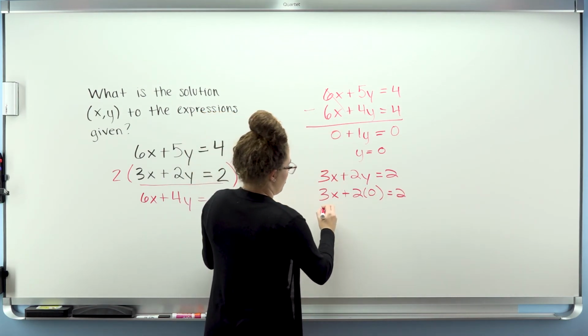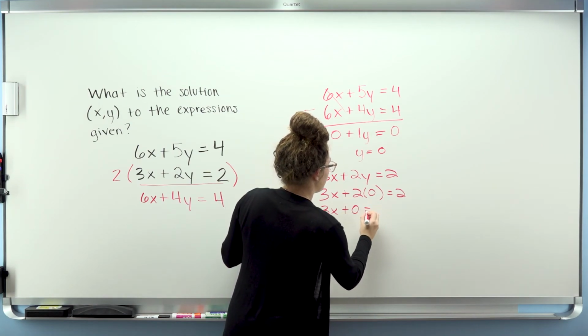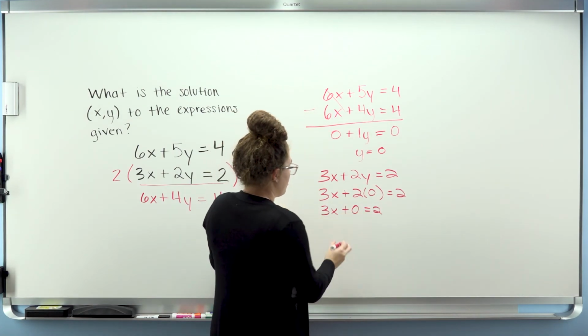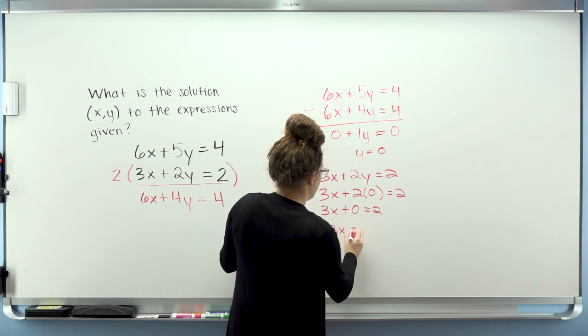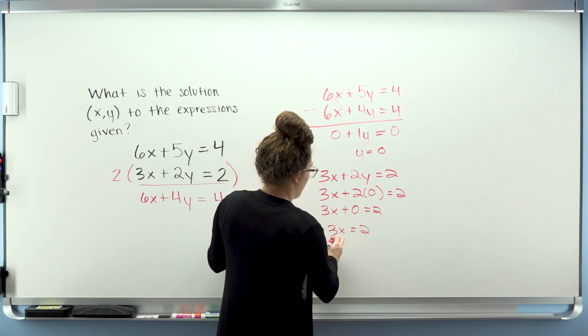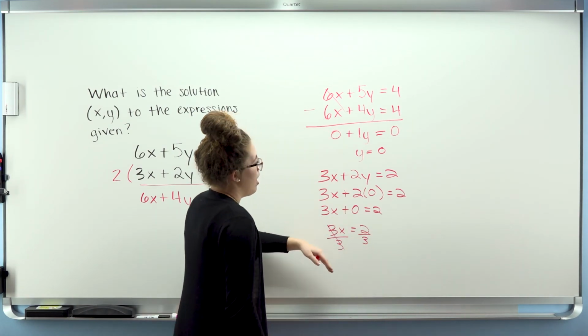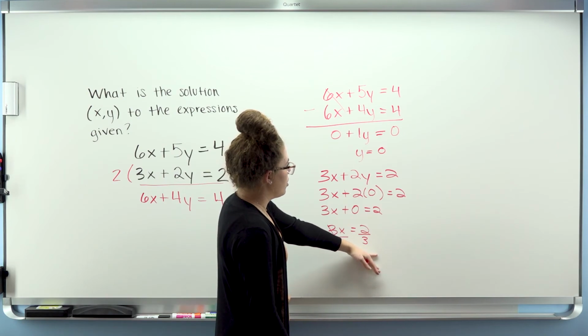Right? So we would get 3x plus 0 is equal to 2. And if we just rewrite that, we get 3x is equal to 2 because the 0 does not mean anything. Divide by 3, so we can get x alone. And we get x is equal to 2/3.